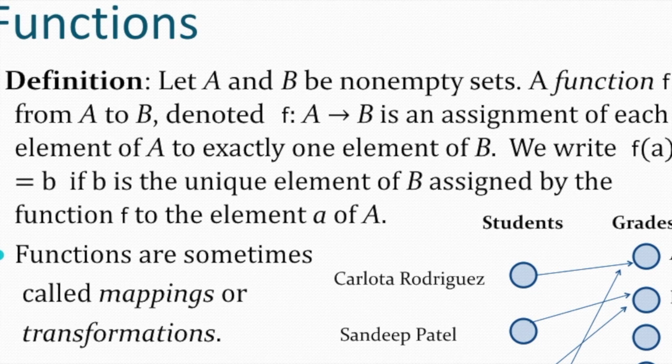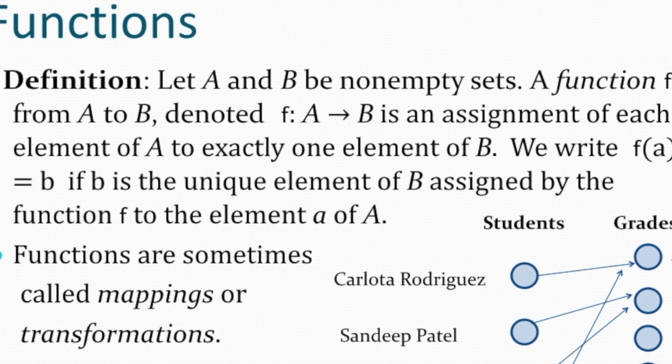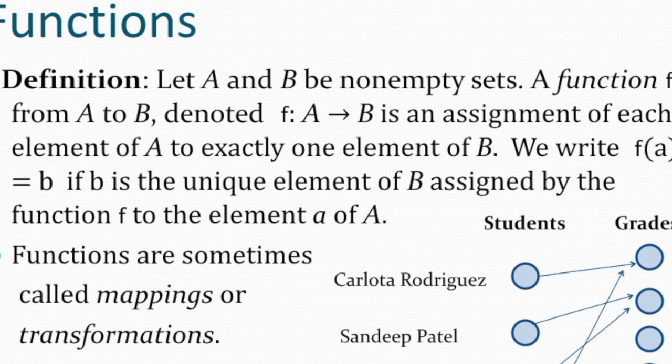So here we write f of a equals b, which means we have a mapping, and a unique element b in the set B is assigned by the function f to the element a in the set A. Generally, you could think of a function as a mapping between elements from one set to another set, or you could call it a transformation.